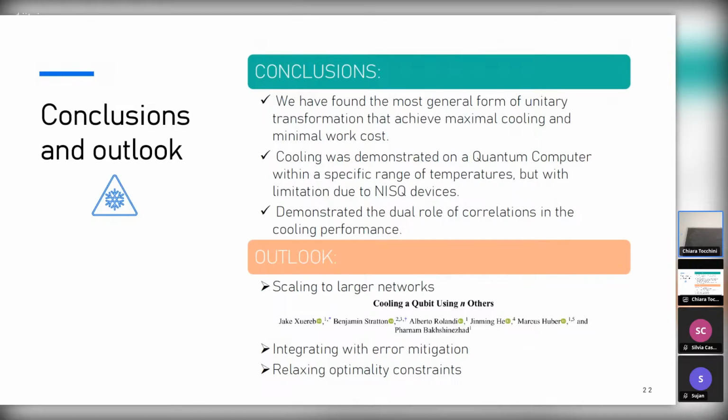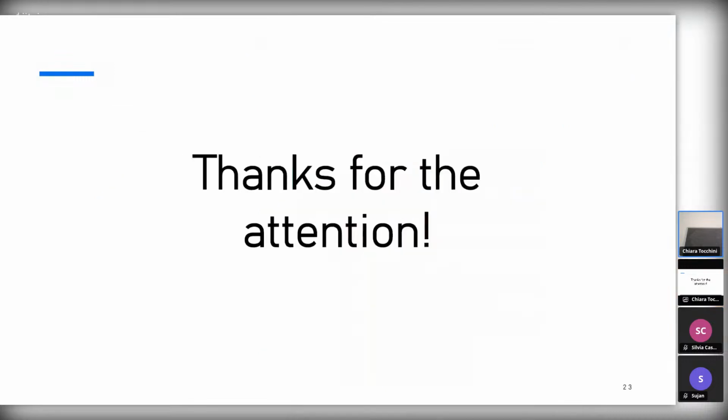That means we can not use the unitary that implements the maximal cooling and the minimal cost in terms of work, and maybe it will result in a circuit that is less noisy and maybe implement better performance. So, thank you for the attention.